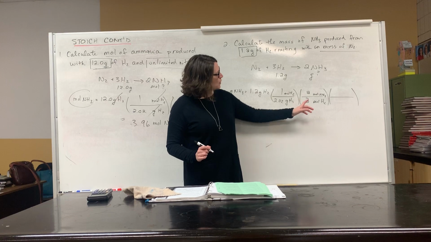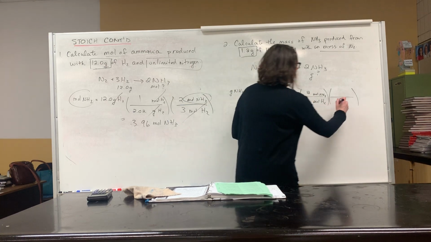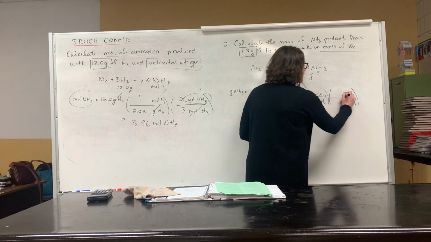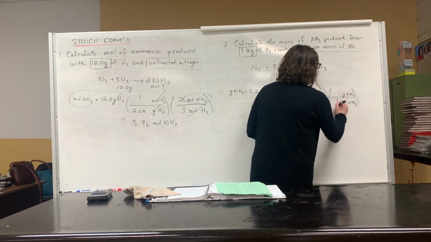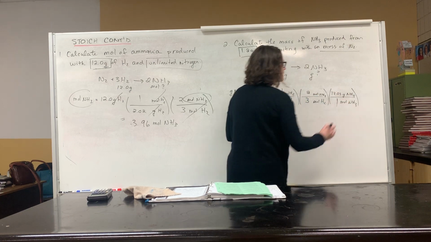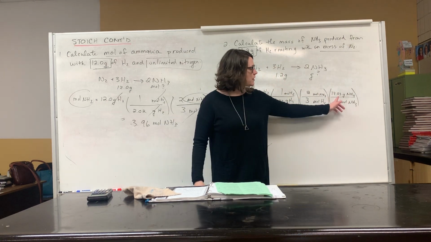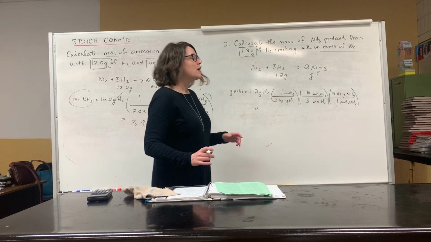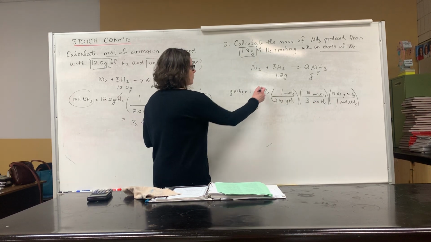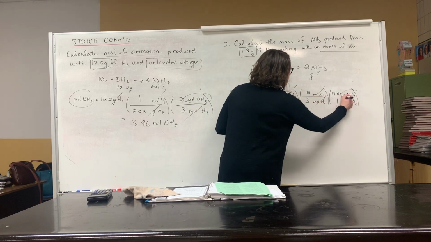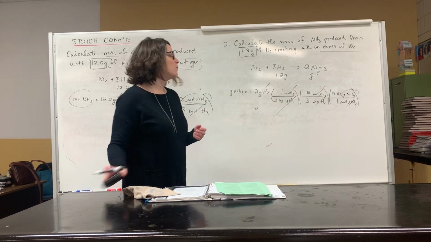Now, our last bracket here, we want the moles of NH3 to cancel. It goes on the bottom. What unit goes on top? Grams of NH3. And in 1 mole of NH3, we've got 17.03 grams. And that comes from the periodic table. 1 nitrogen and 3 hydrogens added together. So you always want to double check your units here. Grams of H2, moles, moles, moles, moles. You're in grams of NH3, which is what you want.